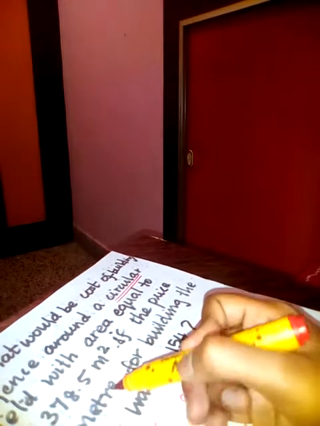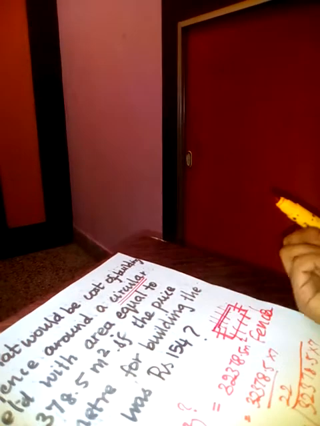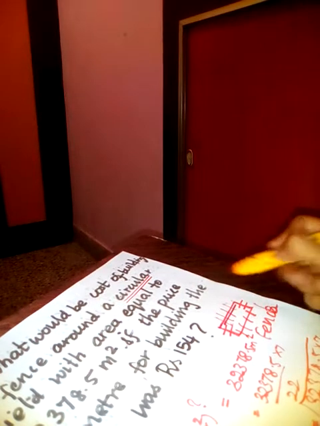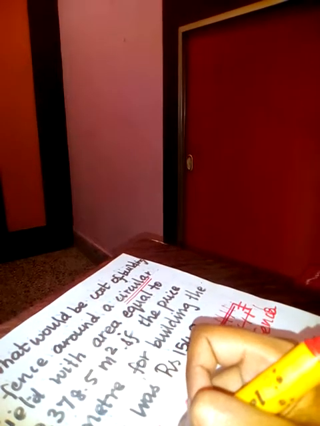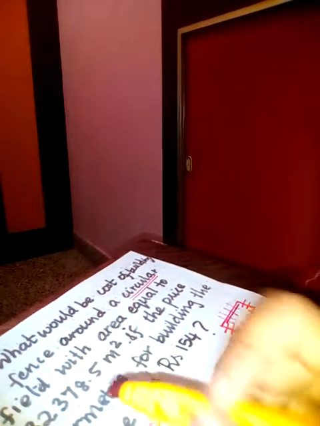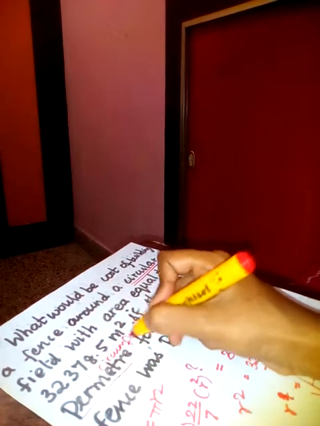From this they are given perimeter. Actually from the word perimeter we thought that the building would be surrounded with a square fence, but from this we have to calculate that it is not a square, the perimeter is nothing but the circumference.